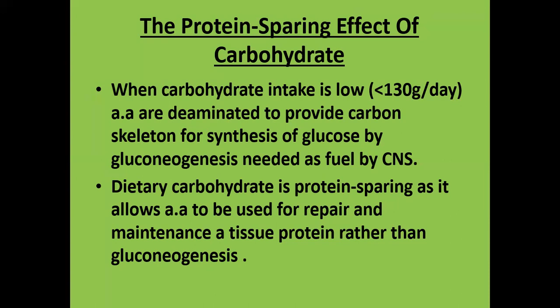So, if the energy content of the diet from carbohydrate and fat increases, then the need for protein is decreased. So dietary carbohydrate has a somewhat more efficient protein sparing effect.